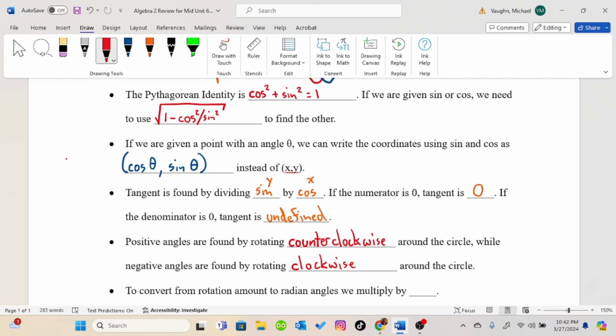So if you're rotating around to the left, that's counterclockwise and you have positive angles. If you're rotating to the right, that's clockwise and you have negative angles.